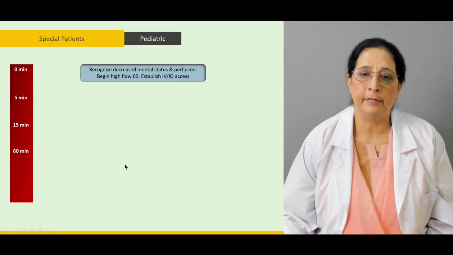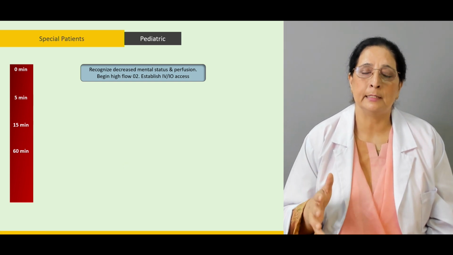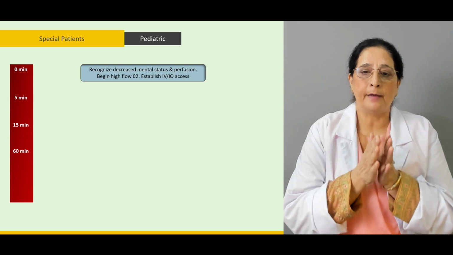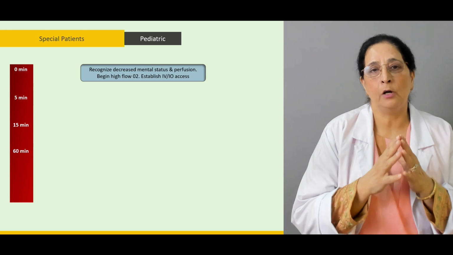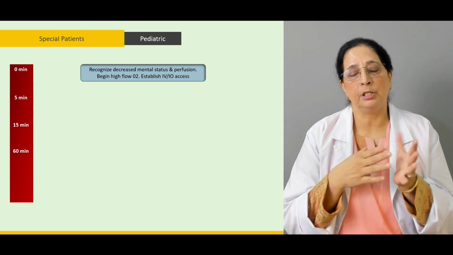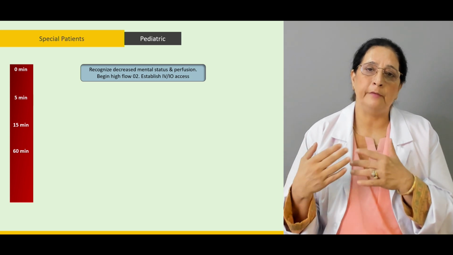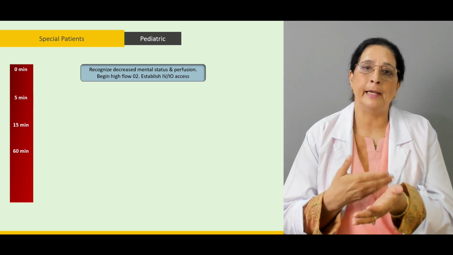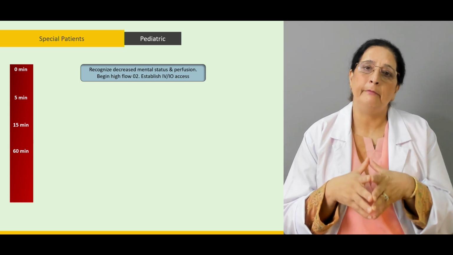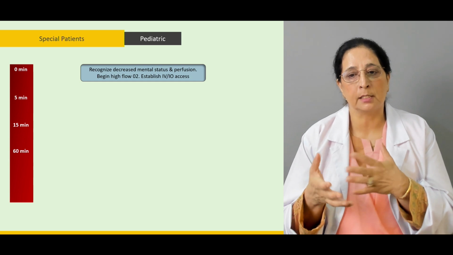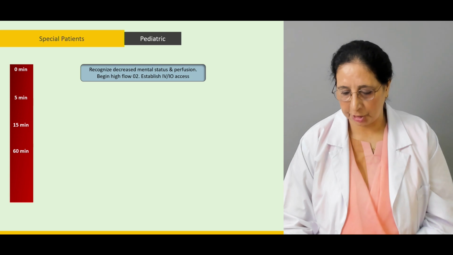Very important: if the patient has altered mental status and there is likelihood of sepsis or infection, the first thing we should do is give oxygen. With the shock, it is usually very hard to find the vein. So we should access the vein and put in IV cannulas or intraosseous cannulas for access for the resuscitation of the patient.